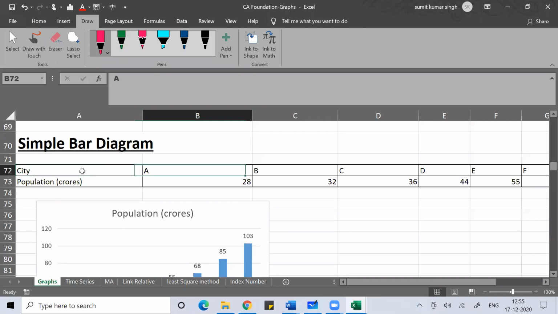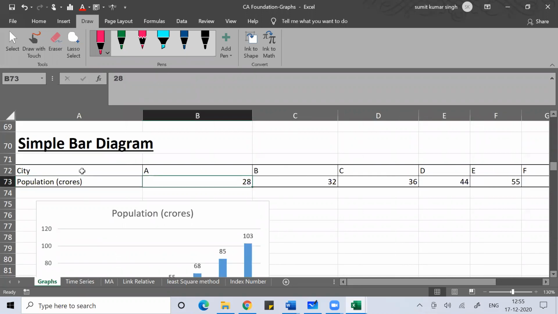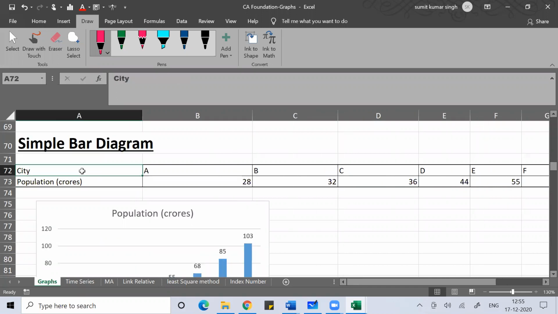Different cities are there, A, B, C, D, E, F, G, H, and these are the population of these cities.